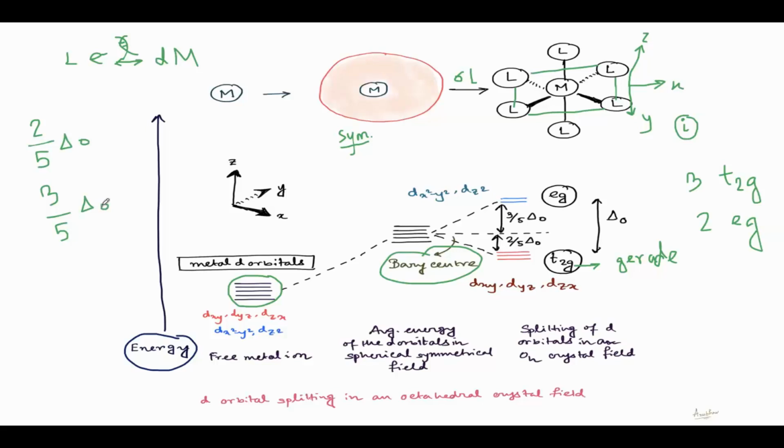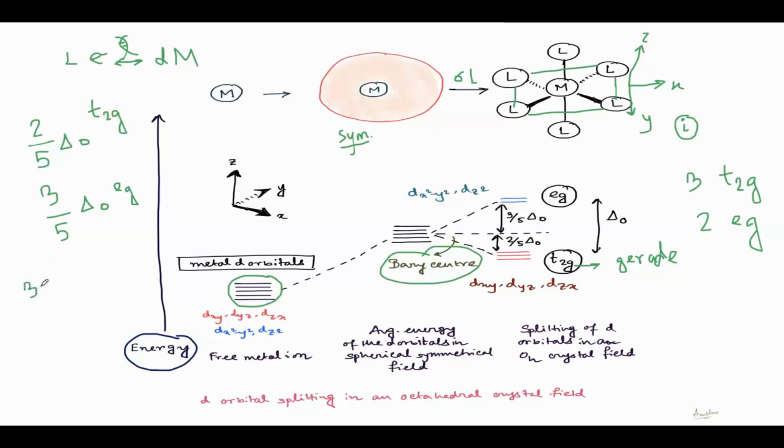The gap between this T2g and the barycenter is 2 by 5 delta O. And from the barycenter, if you go upward, it will be 3 by 5 delta O. Between these two, this one is the energy of T2g orbitals and this is for eg orbitals. Now since the total energy should be the same, we are having 3 T2g orbitals.